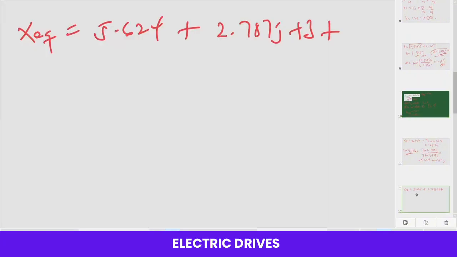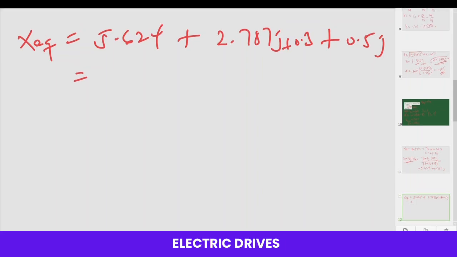That's it for the inductor. Sorry, this side is 0.3. So we get plus 0.3. So if you do it correctly, you get a final answer of 5.92.